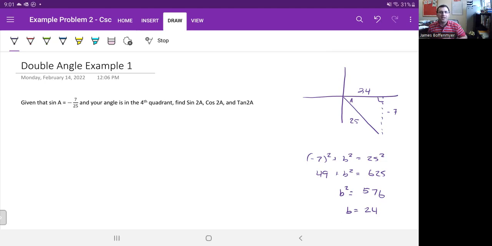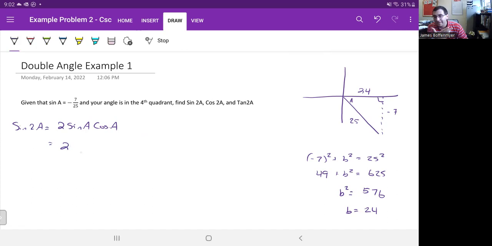Now that we have all three sides of our triangle, we can find all the double angle values for our trigonometric functions. So sine of 2a is 2 sine A cosine A. That means 2 times the sine of our angle, from the problem or the triangle, whichever you want to use.